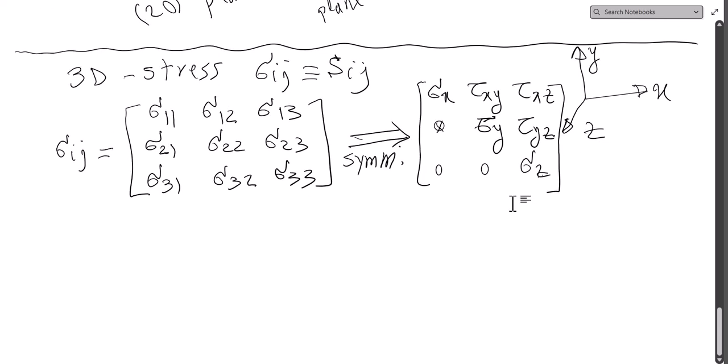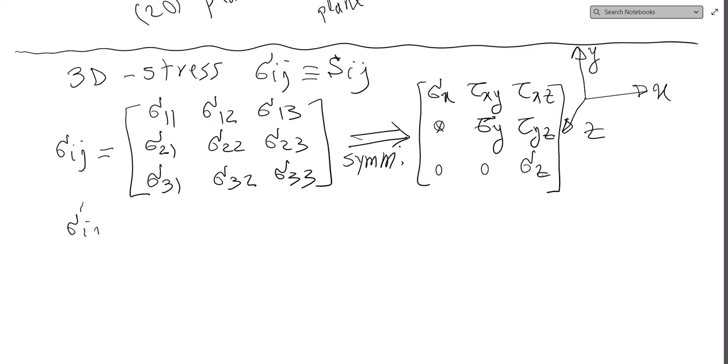So what's the objective here? The objective is that we want to transform this stress tensor, which I discussed before. If you transform it to rotated coordinates, like x prime, y prime, z prime, you can calculate the components of the stress in the rotated coordinates as we discussed before. So this we know how to calculate.